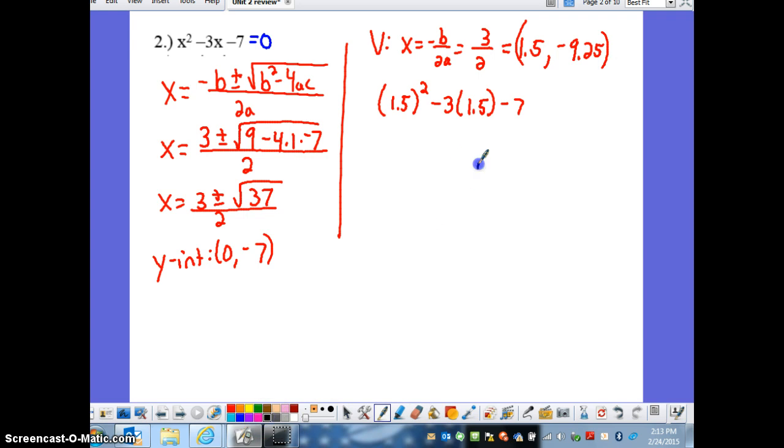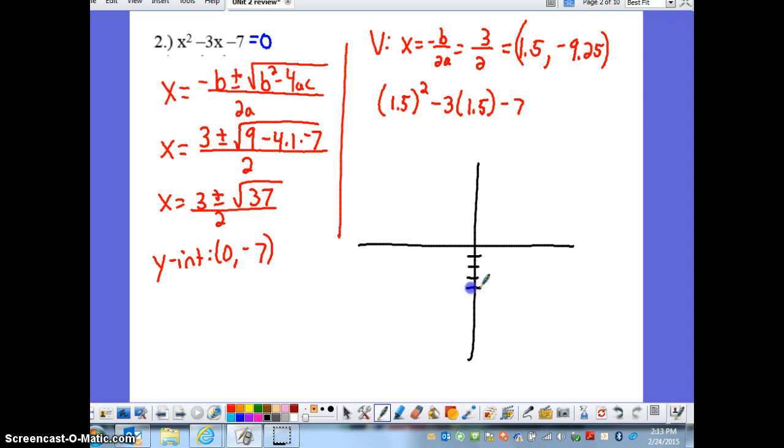Again, I'm going to graph this by plotting all those points that we just found. So I have to get down to -9, so 1, 2, 3, 4, 5, 6, 7, 8, 9, 10. Then I have my (0, -7) as my y-intercept. And then the other thing I have is this 3 plus or minus root 37 all over 2. And the question is, where are they?